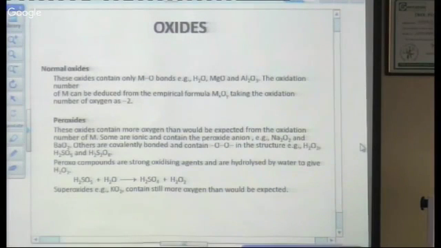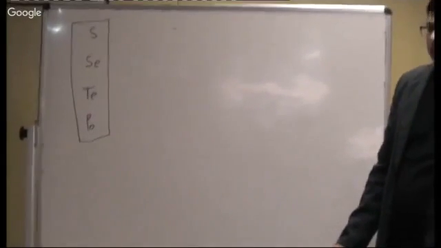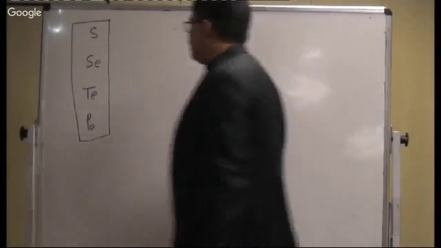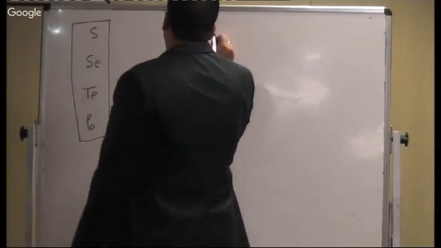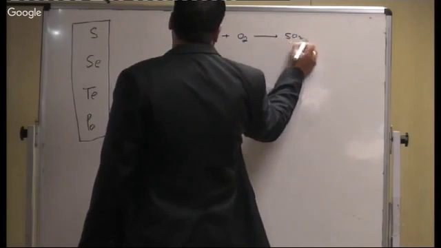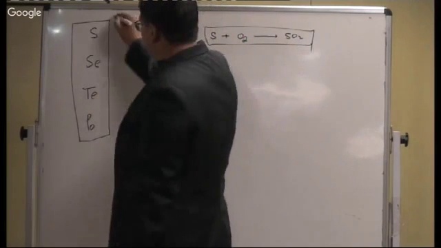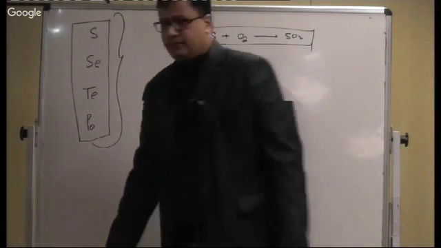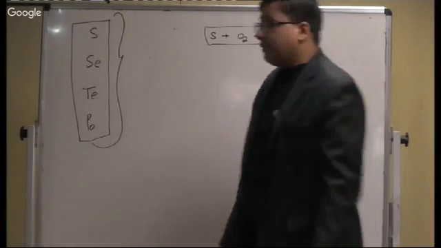I'm not writing oxygen because we are dealing with the oxides. So these elements react with O2 to form different types of oxides. See, start with sulfur. When you react sulfur with oxygen, it gives SO2. Mainly, these form 2 types of oxides.